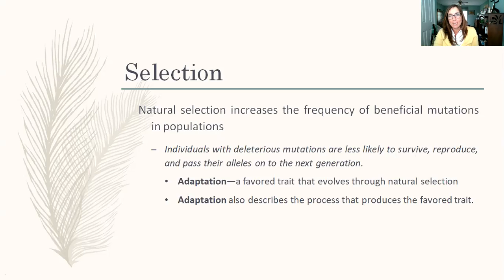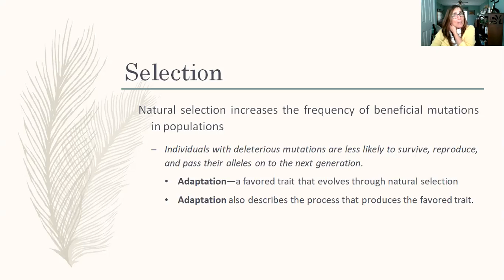And this is simply because if you have a mutation that's not allowing you to be more fit for that particular environment, what we would call a deleterious mutation, then that individual is going to be less likely to survive and reproduce and pass on their alleles to the next generation. So those alleles that were created because of a mutation that caused the organism to not be as fit as it should be, that deleterious mutation can be lost from the population.